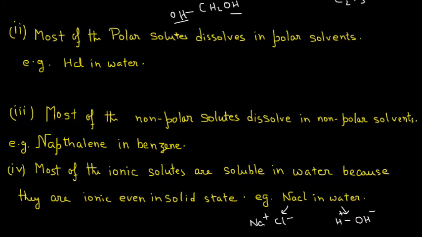NaCl is an ionic compound. So Na contains a plus sign and Cl contains a minus sign, and water can also be written as H plus and OH minus. So it has been seen that most of the ionic compounds are more soluble in water than any other solvent.